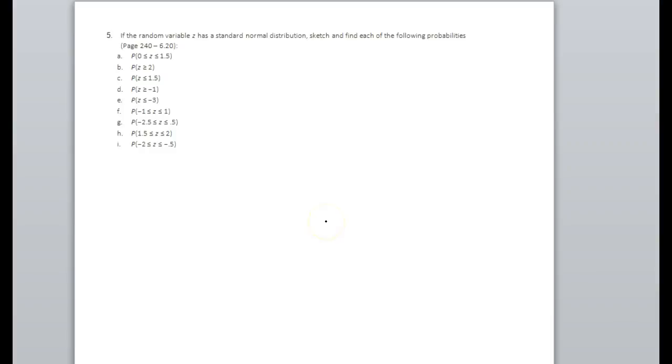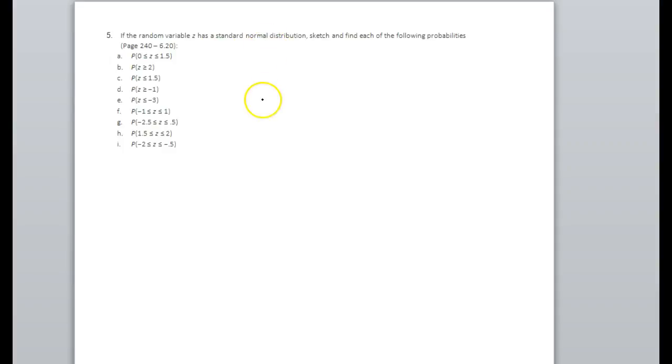So this part, number 5, is not about calculating z's. This is assuming that we know z values, or we're given z values. This is about using those z values. I'm going to do a few of these, and then I'll let you guys do the rest of them, because there are a lot here, and I don't think we need to do 9 of them.